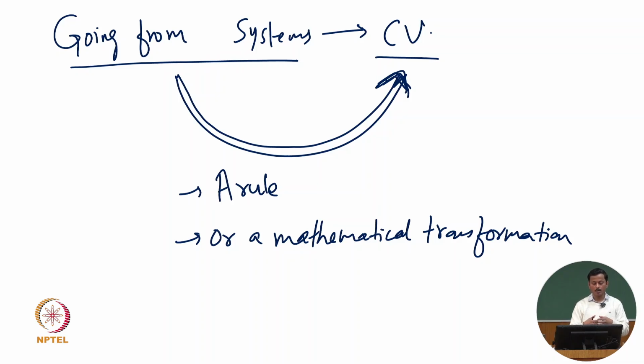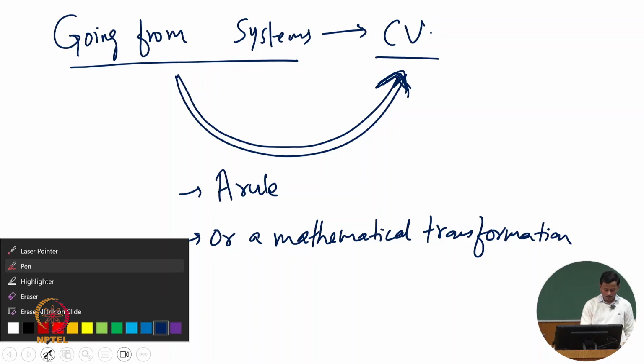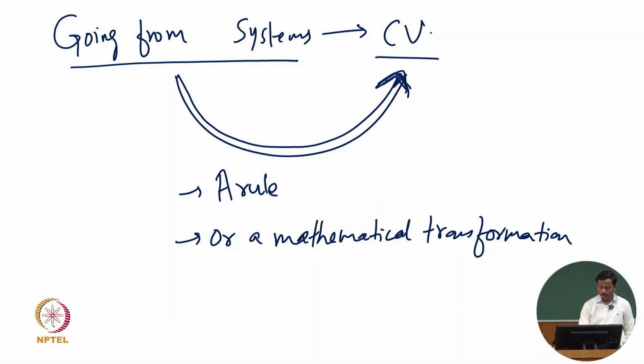So we need to develop a mathematical transformation in how we should change the equations, what new terms we can introduce, so that the conservation laws are also valid in the control volume approach. This connection between the systems approach and control volume approach is obtained by a certain theorem. This is called the Reynolds transport theorem.